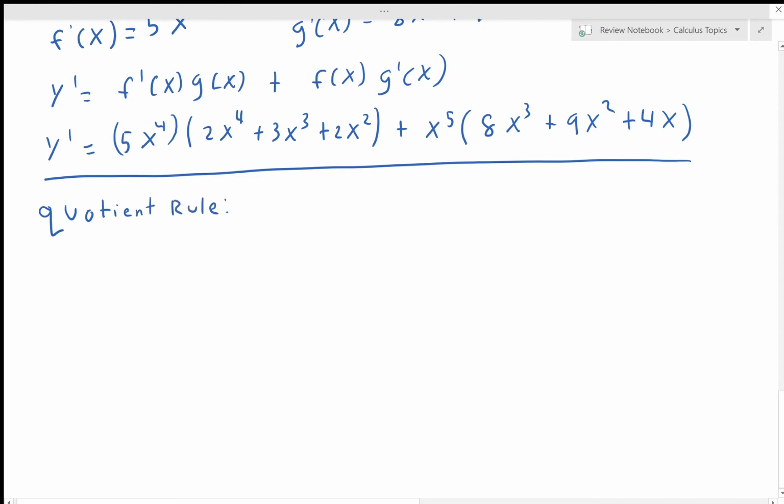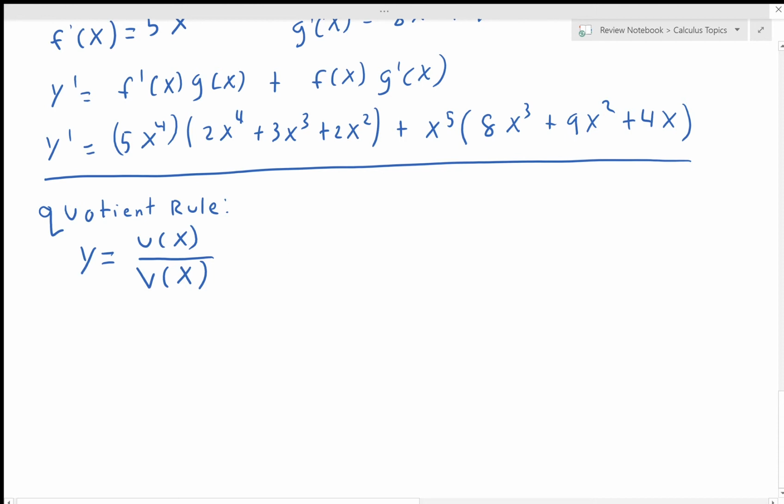Got a little dark here. I like using, instead of f of x and g of x, I keep that for the product rule, I will use u of x and v of x for this.